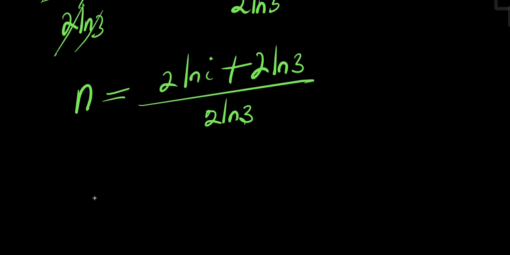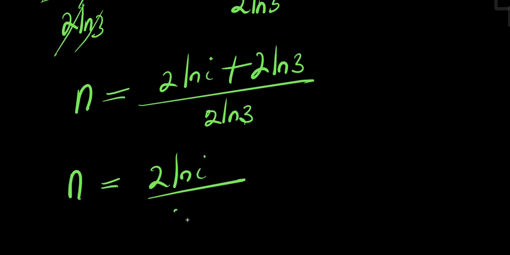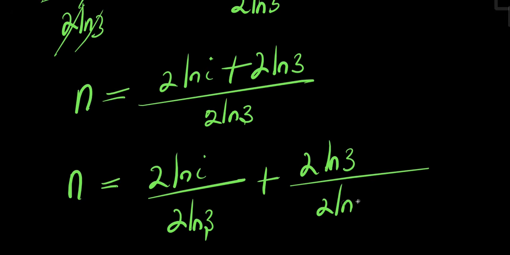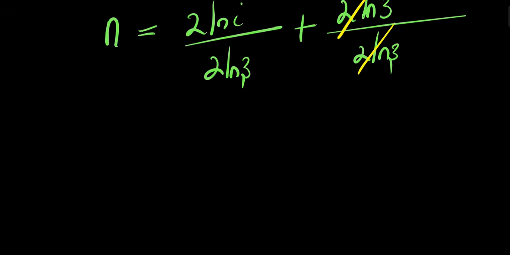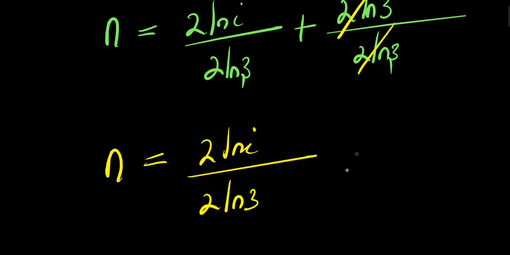So n equals 2 times natural log i divided by 2 times natural log 3, plus 2 times natural log 3 divided by 2 times natural log 3. This eliminates this. So n equals 2 times natural log i divided by 2 times natural log 3 plus 1.